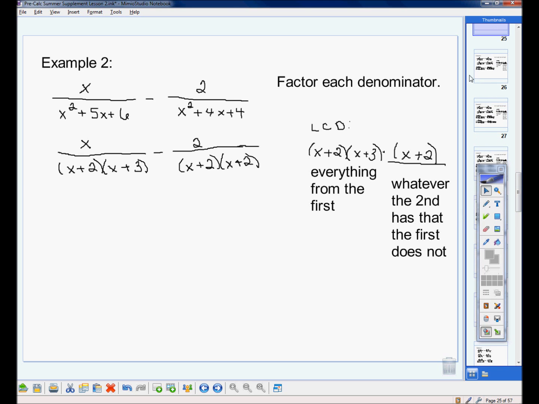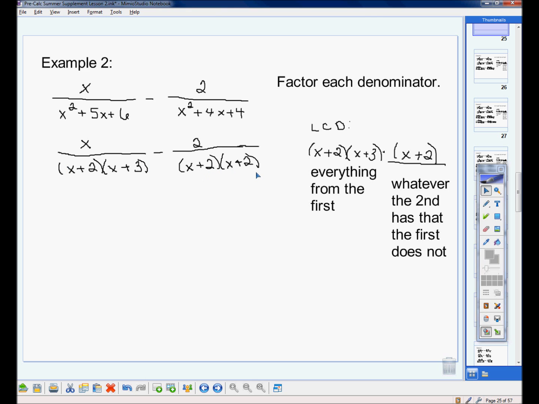Now, what we need to do then is figure out what extra does this one need in order to get that common denominator. It needs an extra x plus 2. So we're going to multiply numerator and denominator here by x plus 2.